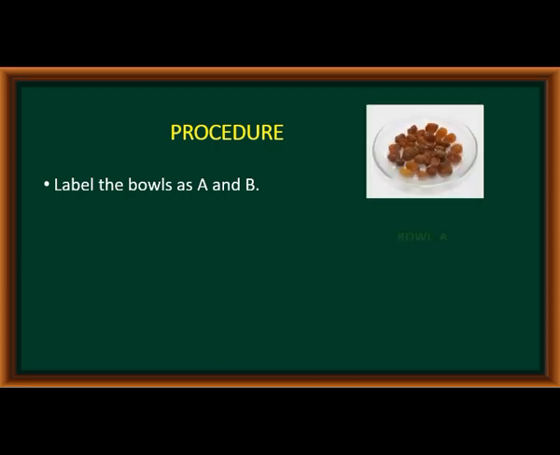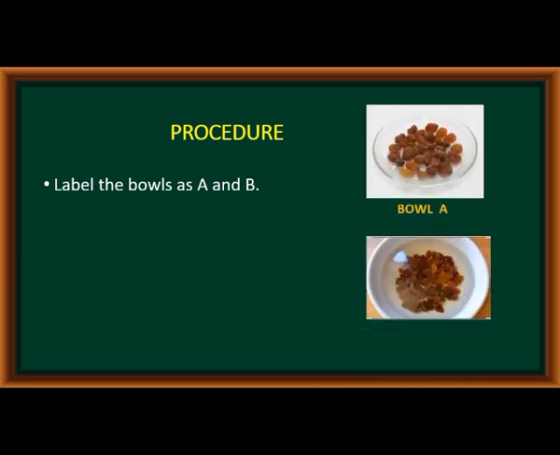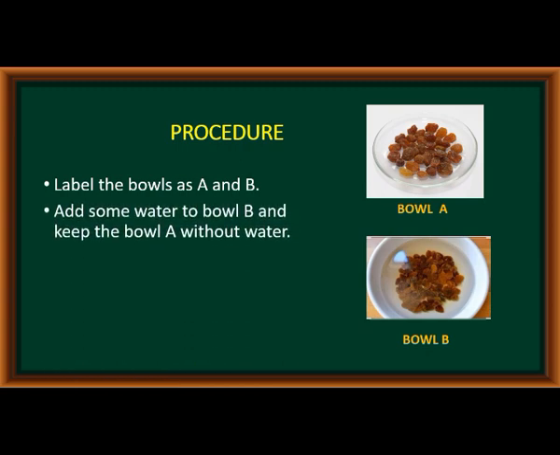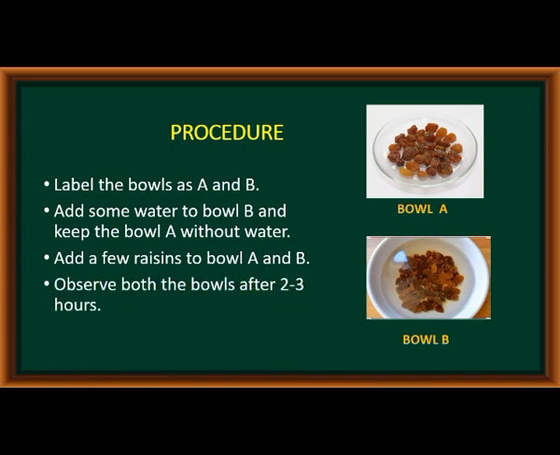So the steps are as follows. Label the bowls as A and B. Bowl A and bowl B. Add some water to bowl B and keep bowl A without water. Add a few raisins to bowl A and B. Observe both the bowls after 2 to 3 hours.